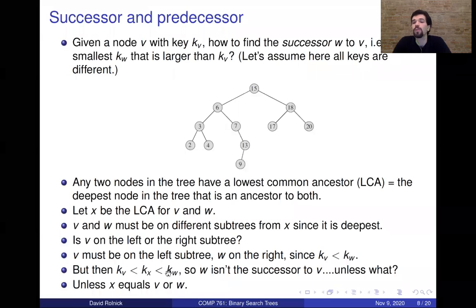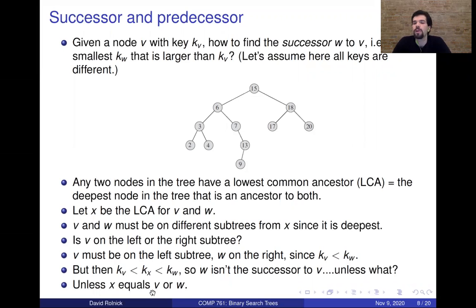And so w couldn't be the successor. So this simplifies our analysis a lot. It basically says that v or w, one of them has to be an ancestor of the other one. Because if one of them isn't the ancestor of the other one, then they have a least common ancestor which is different from them, and the key of the least common ancestor has to be between their keys.